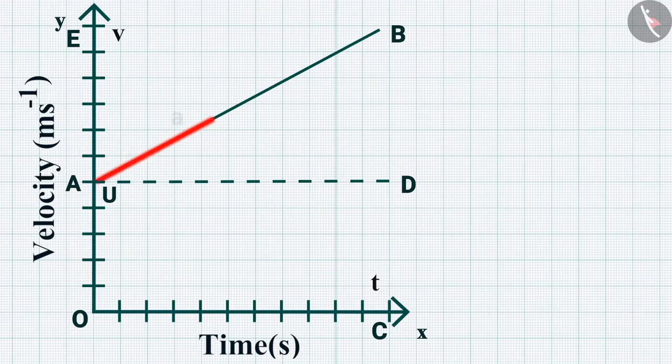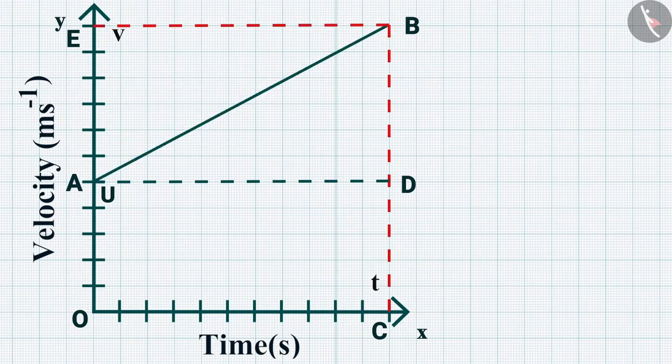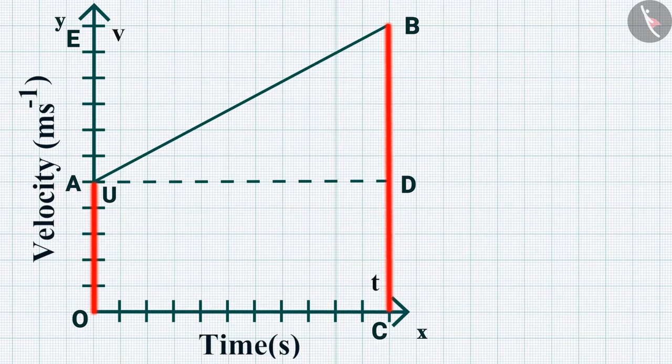Let the change in velocity at a uniform rate be a. Draw two perpendicular lines BC and BE from point B to the x-axis and y-axis respectively. Now, OA is initial velocity, BC is final velocity, and OC is time interval t.